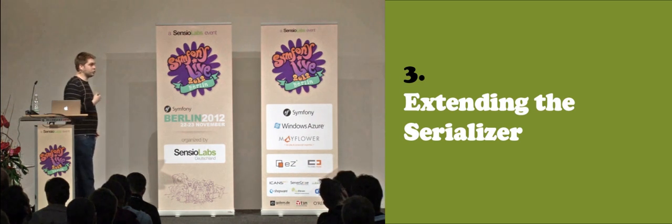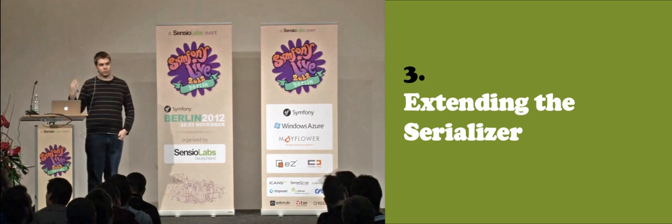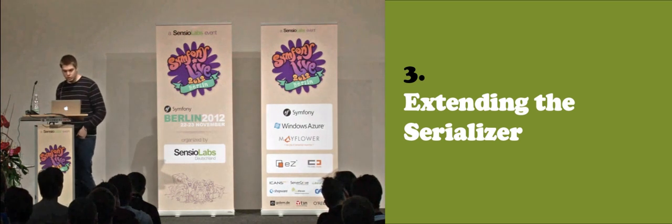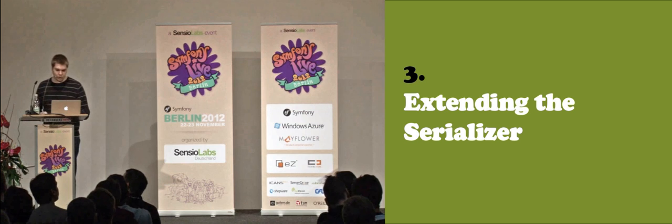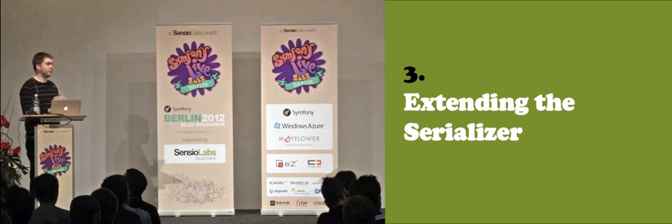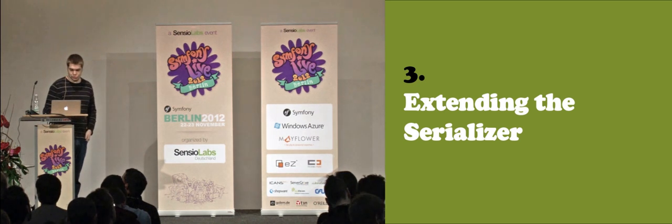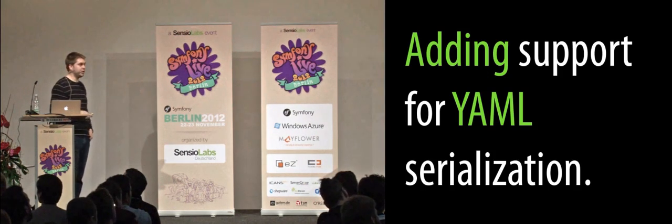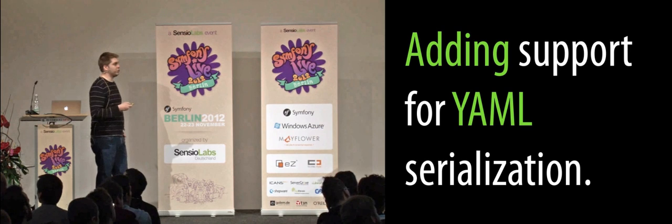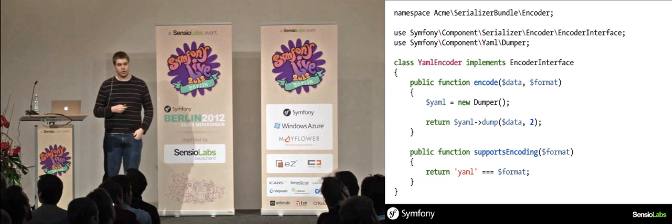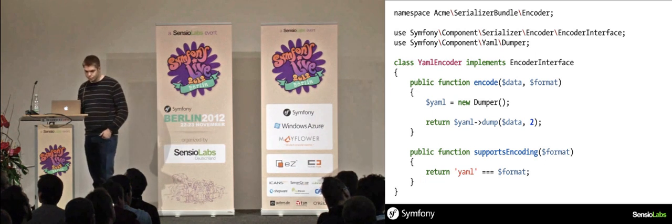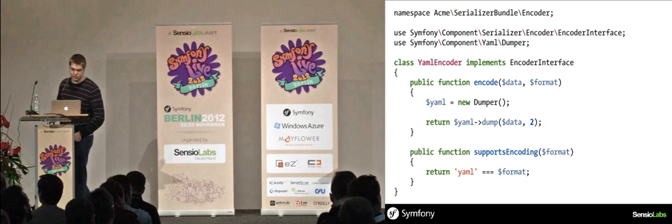If you want to extend the serializer, if you want to create, for example, a decoder or a normalizer, let's say you want to add support for YAML, because by default it just supports XML and JSON. This is just a very naive implementation. You have to create a YAML encoder class, which implements the encoder interface.